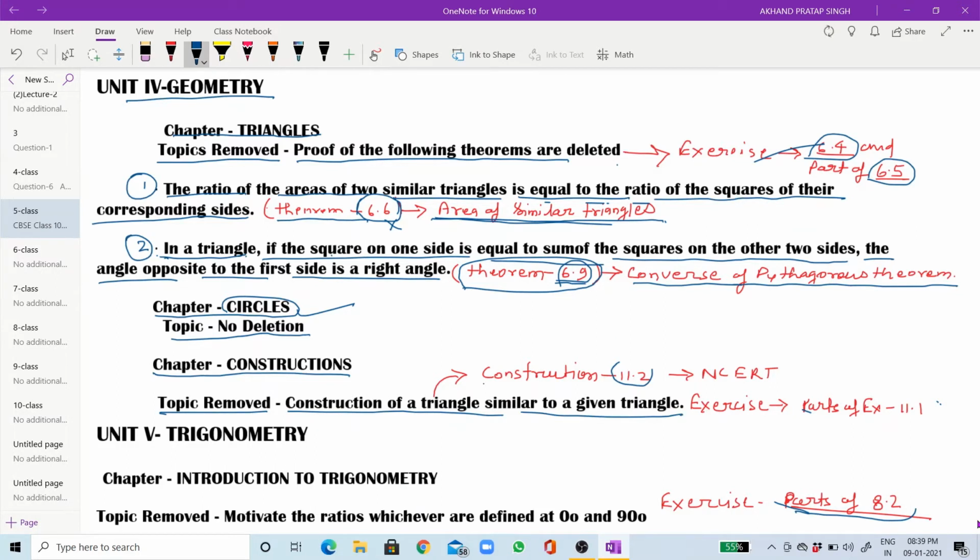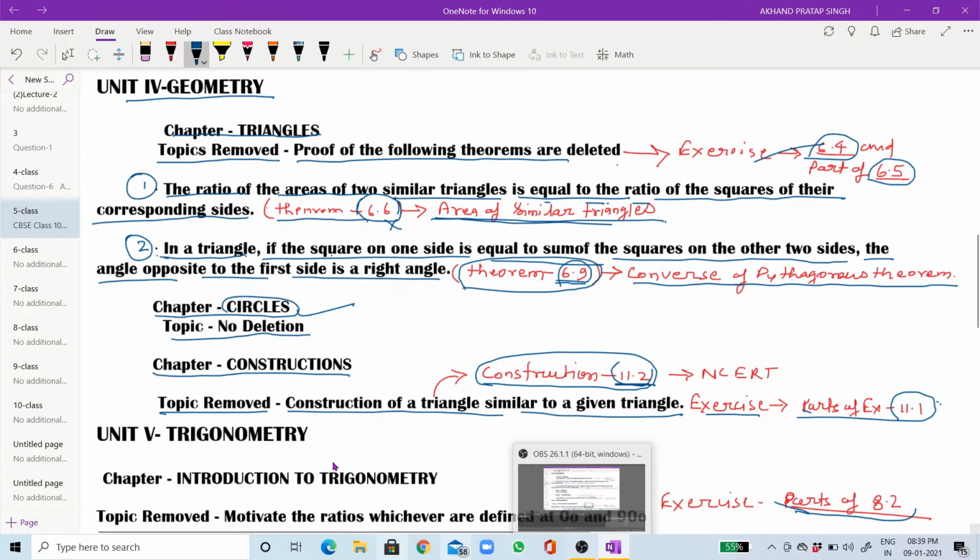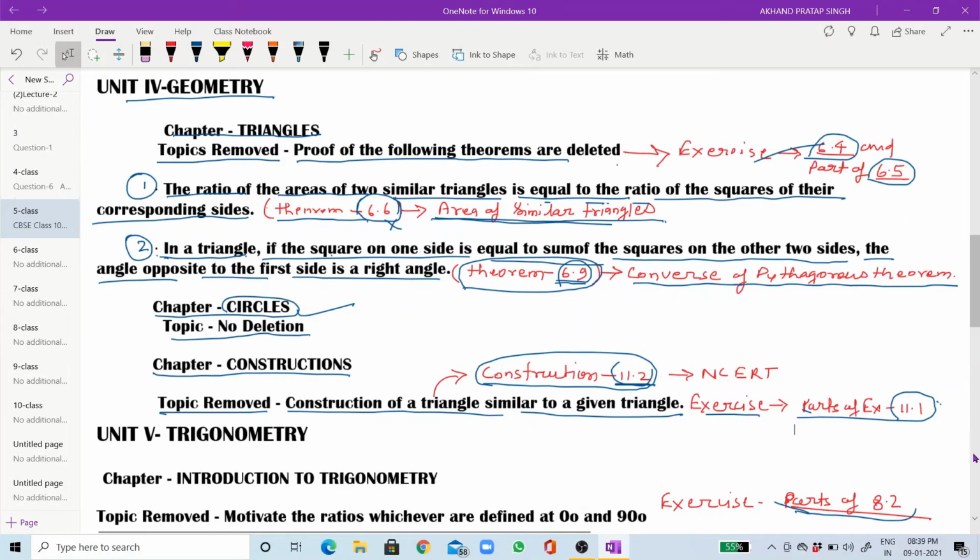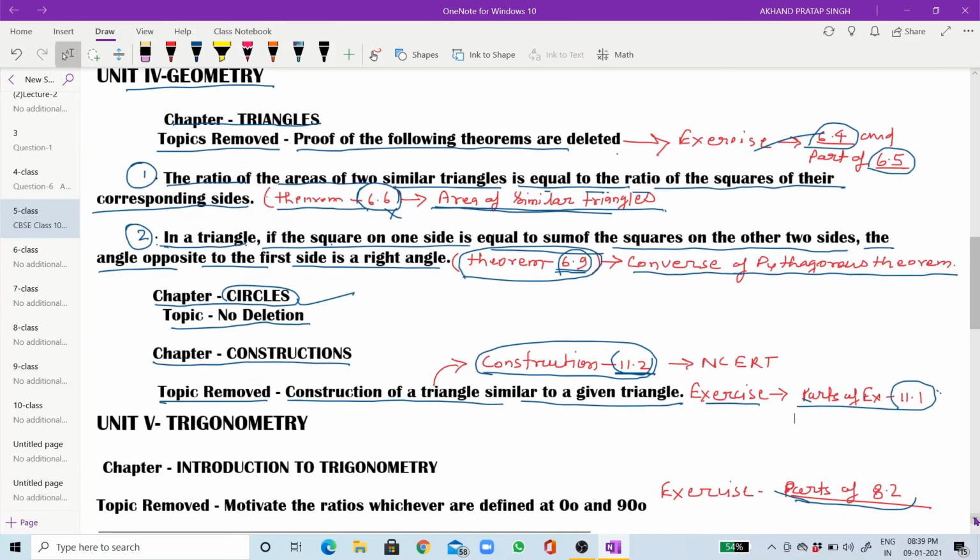If we look at the NCERT, then construction number 11.2 will be removed, and if you think about exercises, then some part of exercise 11.1 will be removed. So you do not need to solve exercise 11.1.